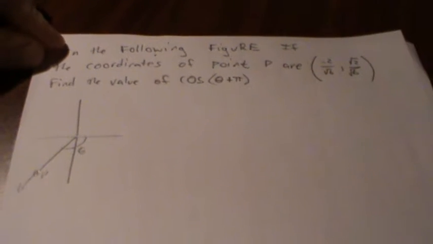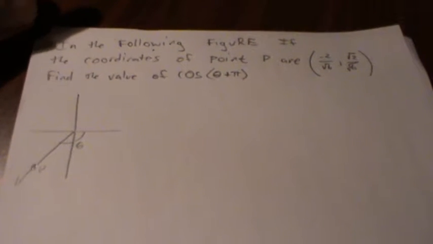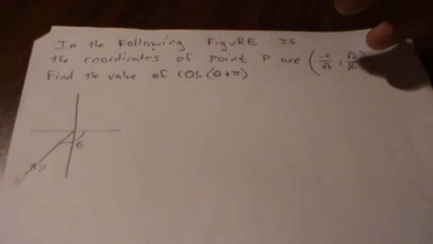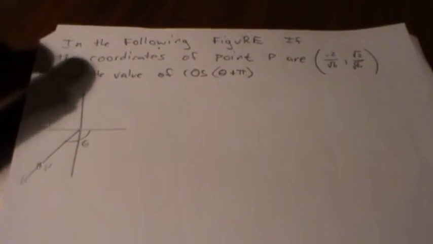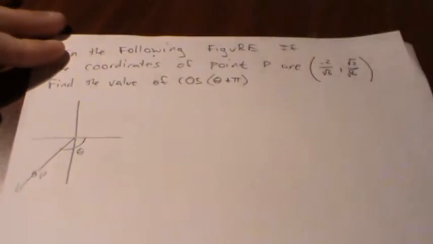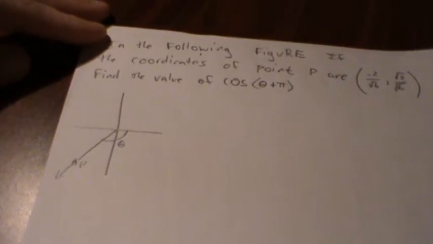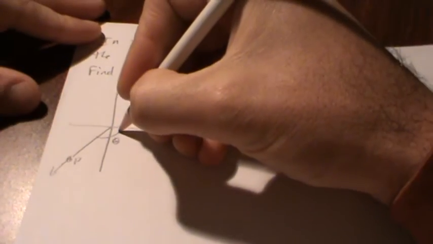This question is also actually pretty easy to solve if you think of it in a particular way. So in my figure here, I notice that theta is this angle right here, from here to here. Okay?